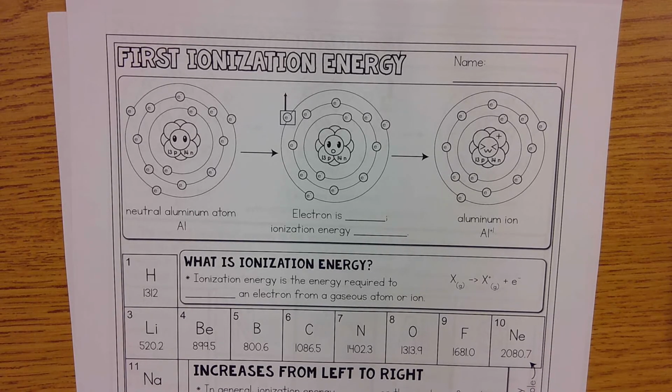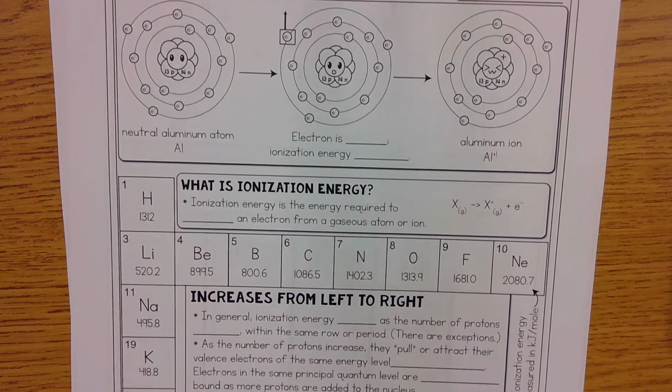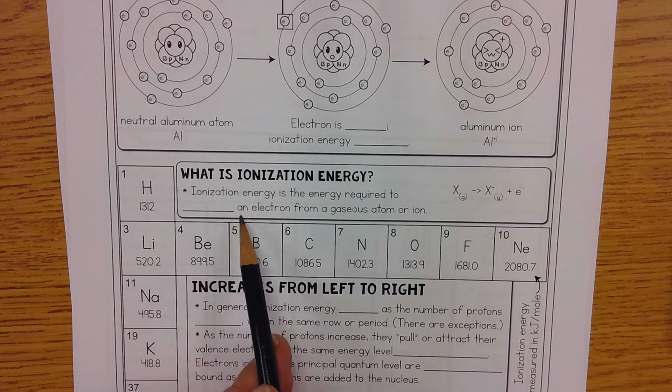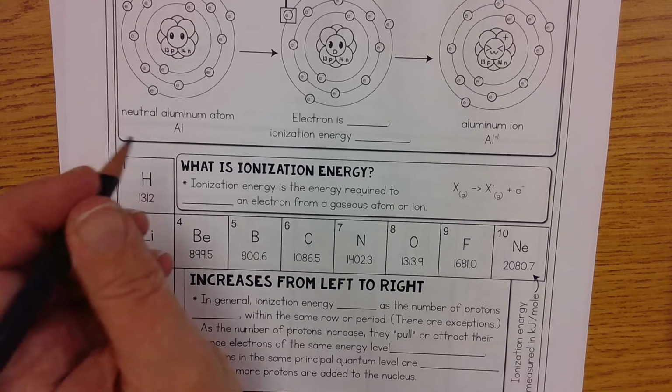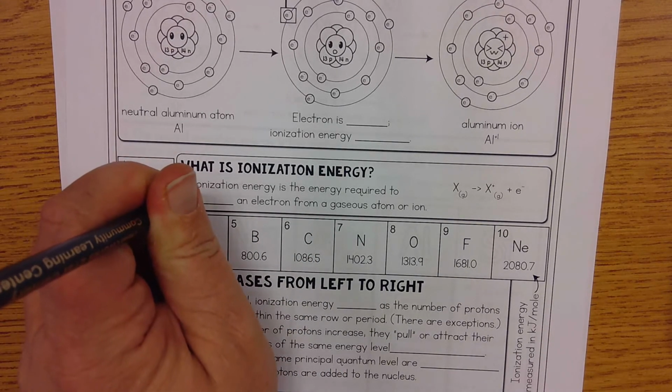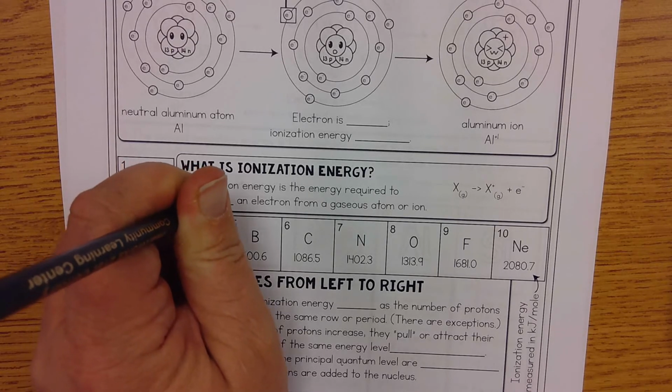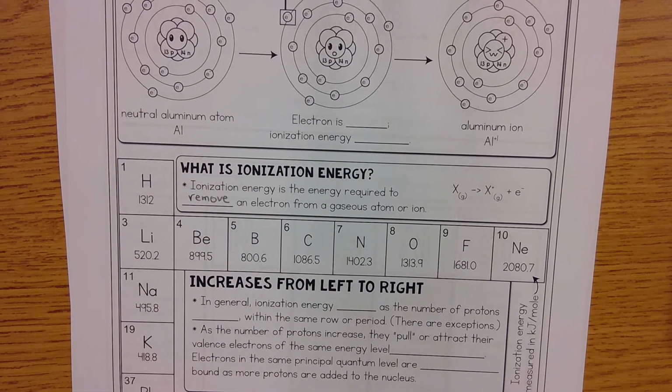So the first thing we want to talk about is ionization energy. And I'm going to scooch down a little bit and define it right here. Ionization energy is the energy required to remove an electron from an atom or an ion.